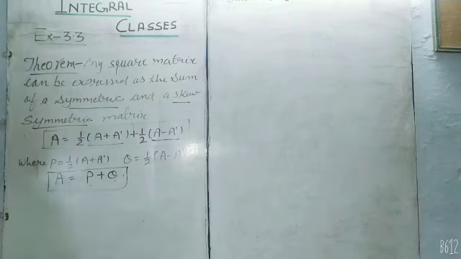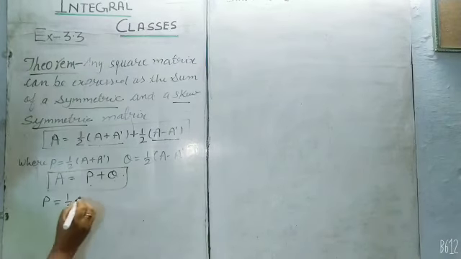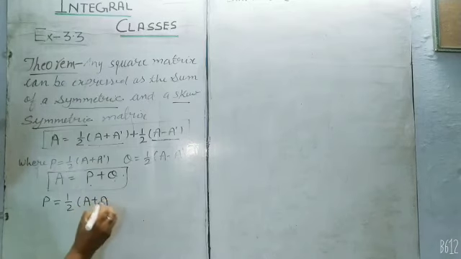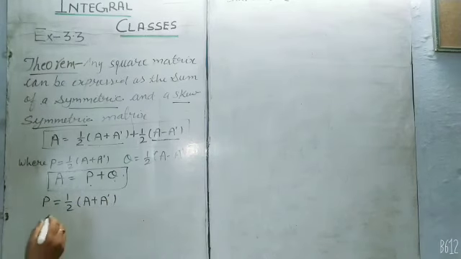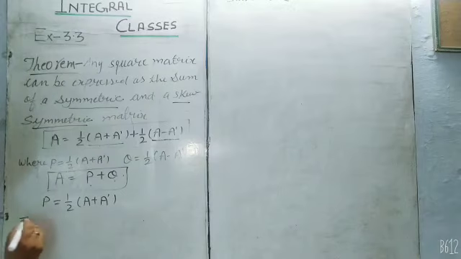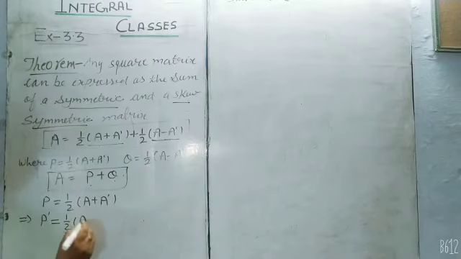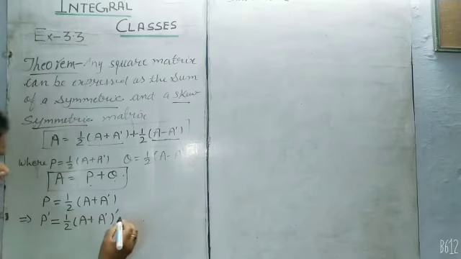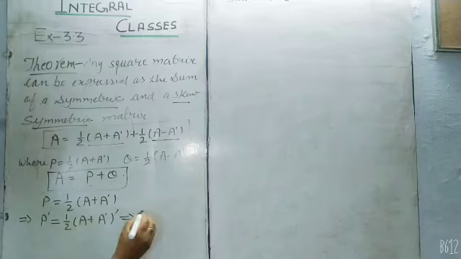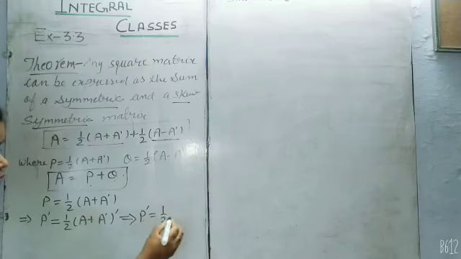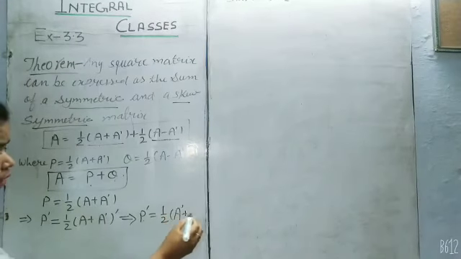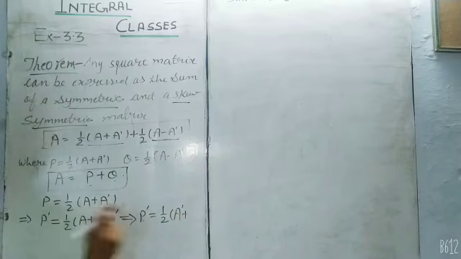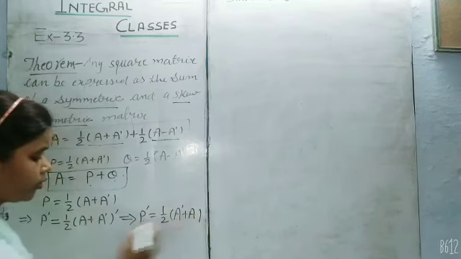So let's see how we can prove this. Suppose P equals 1 by 2 (A plus A transpose). Now we take the transpose of both sides, so P transpose equals 1 by 2 (A plus A transpose) transpose. This implies P transpose equals half of A transpose plus A transpose transpose, which is A.